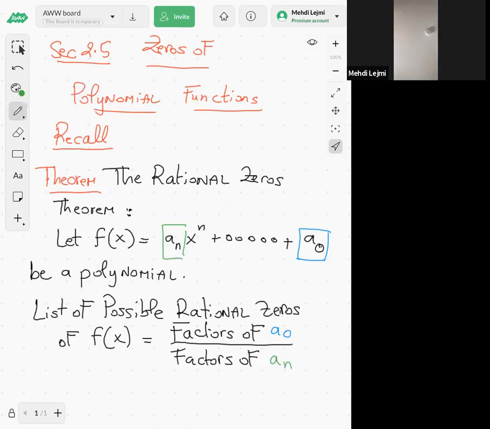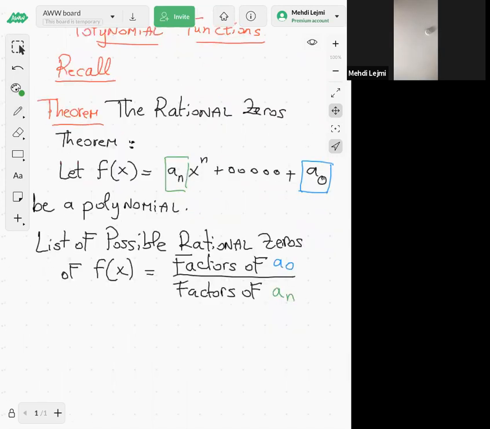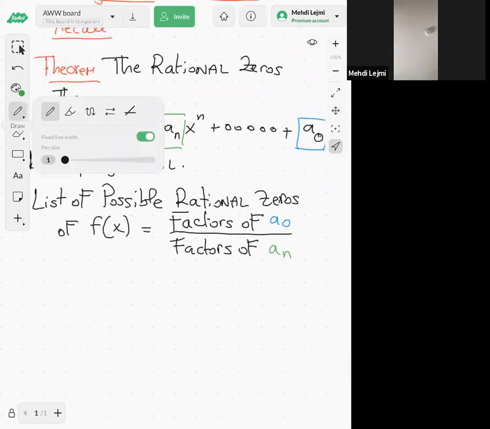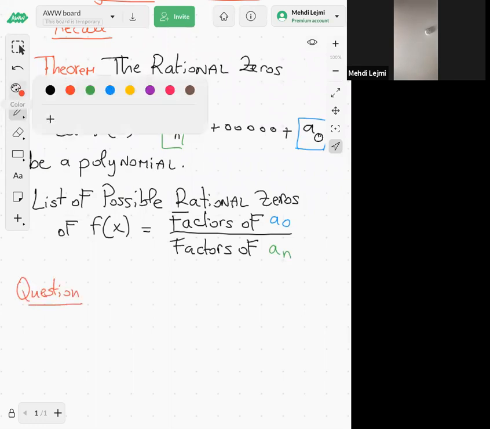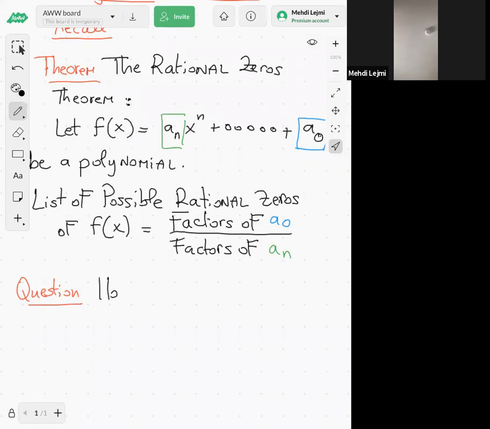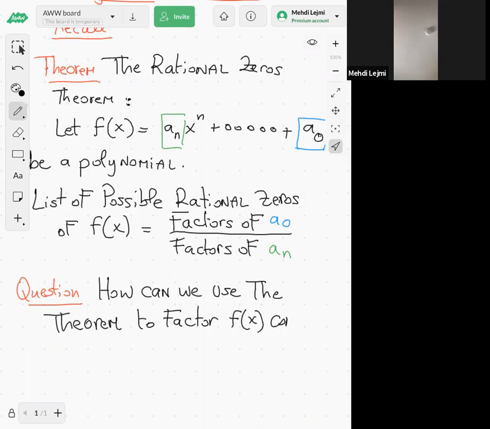So the question we're gonna try to answer, how can we use this theorem to factor f of x completely?